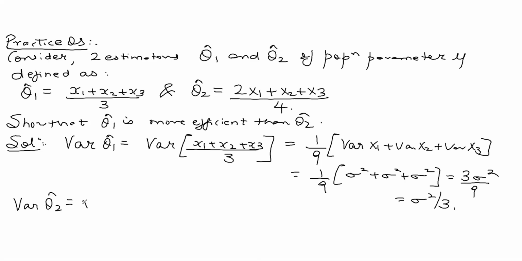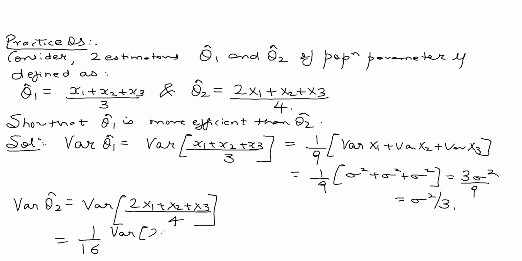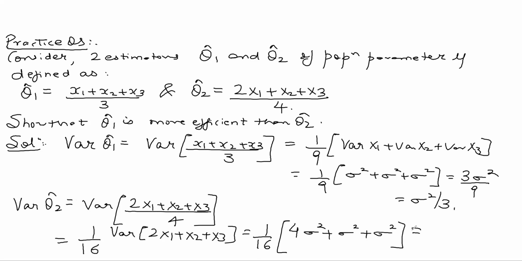And if I do variance of theta 2 hat, it is going to be this. Which is 1 upon 16 times variance of this, which is 1 upon 16 times 4 times variance of x1 plus variance of x2 plus variance of x3, which is 6 sigma square by 16.